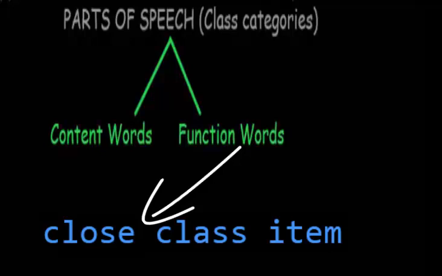You can tell us the articles that we have in the English language: a and the. You see how few they are? You can tell us all the conjunctions that we have in English. That is why we say they are closed.